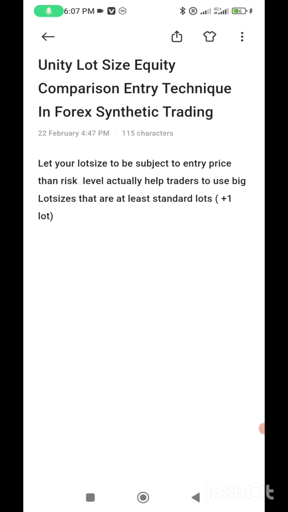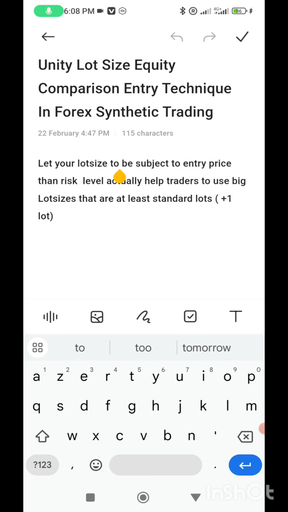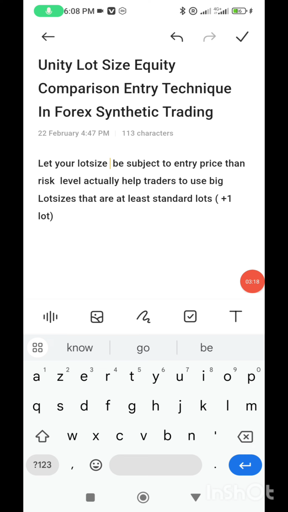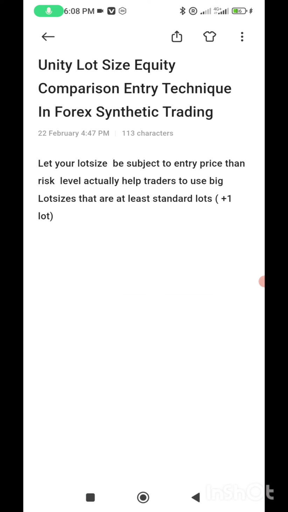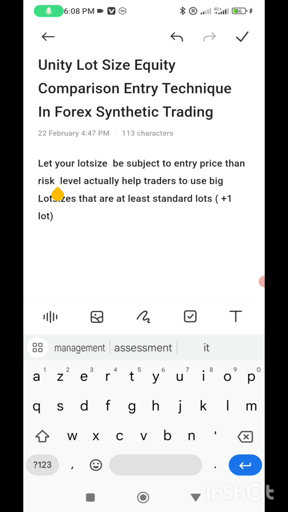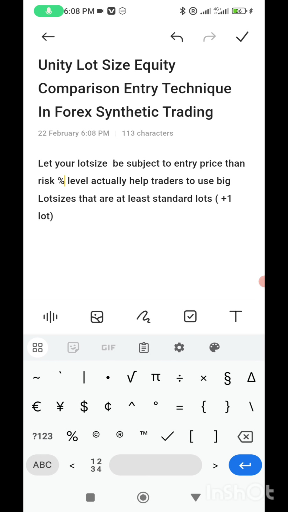Let your lot size be subject to entry price, then risk level, then what percentage risk level.